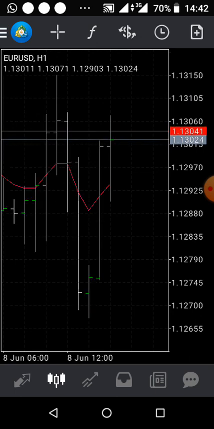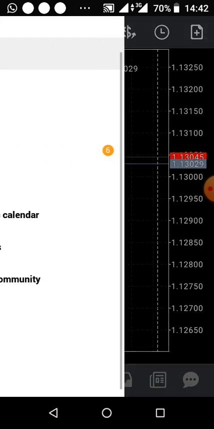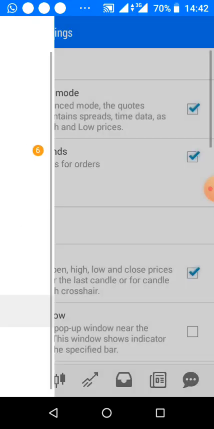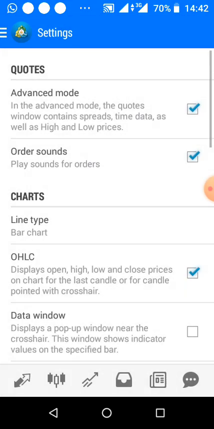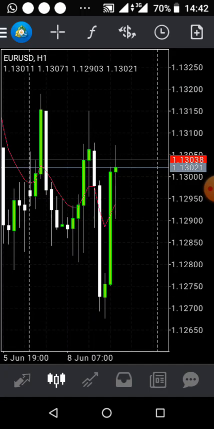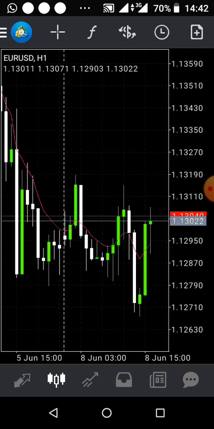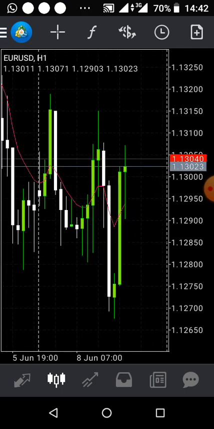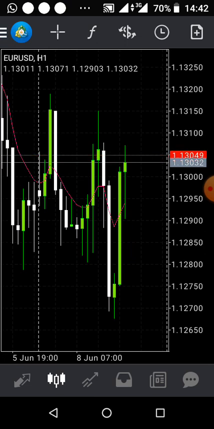So let me go back to the candlestick chart from the chart settings. Candlestick. Okay. So now this is your chart. This is where you analyze the market. This is where you analyze the trend.